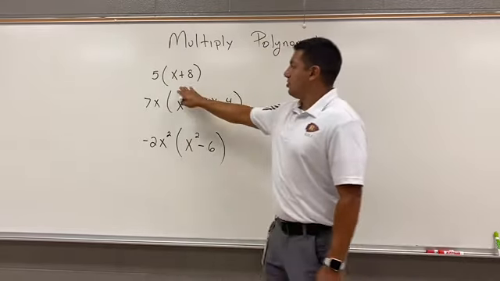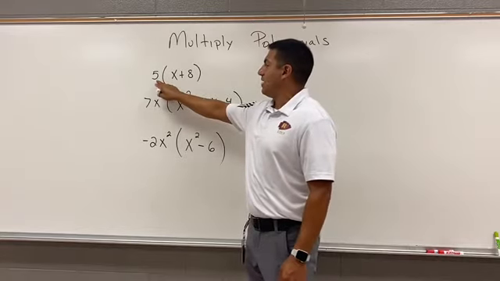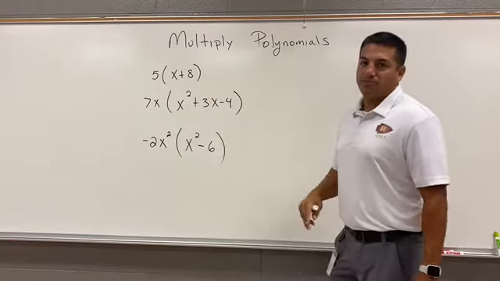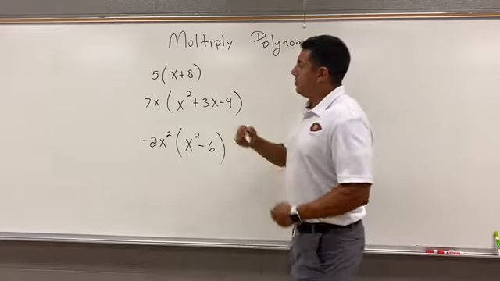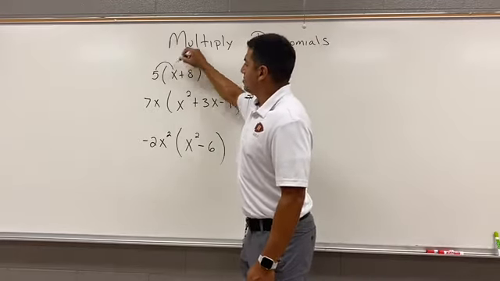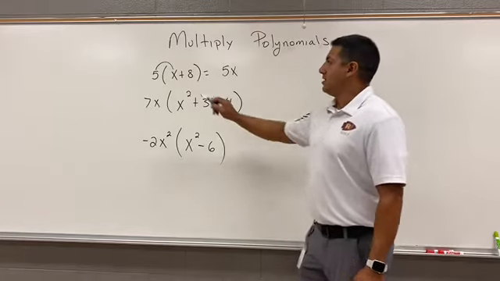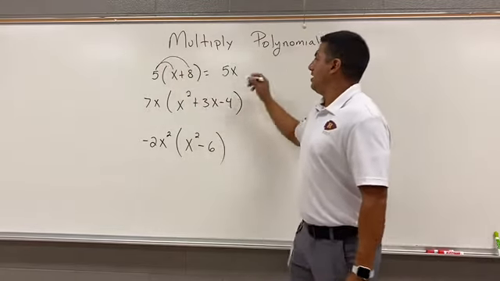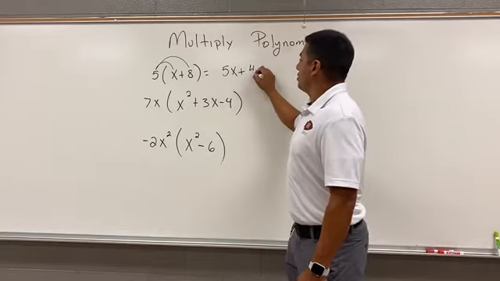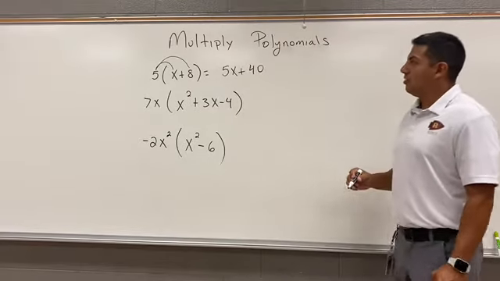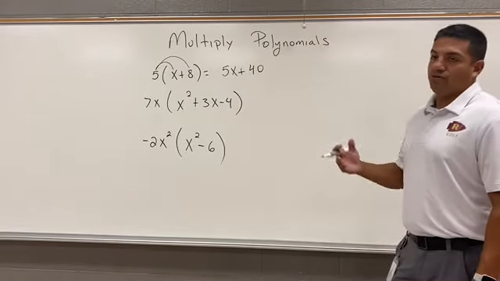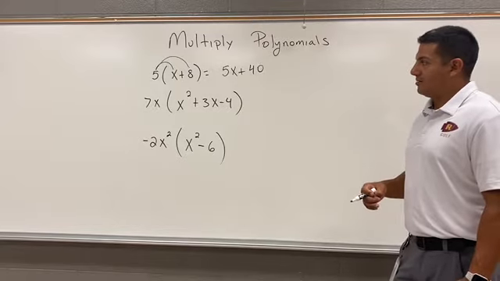So what really is going on here is that we're trying to multiply this 5 times everything inside the parentheses. So we take the 5, multiply it times the first term, and we get 5x. Then we take the 5 and multiply it times the 8, and we get plus 40. So that's how we would distribute that monomial on the outside.